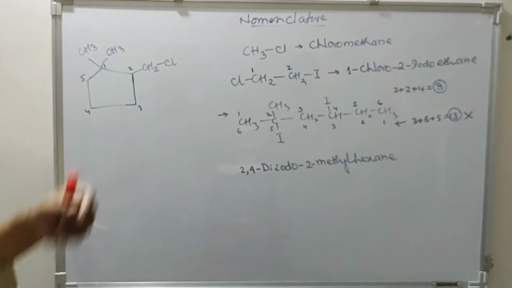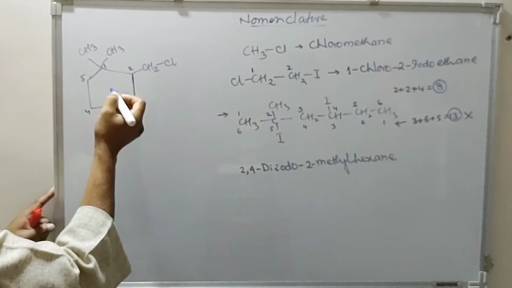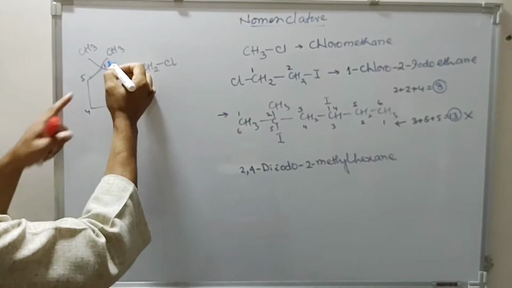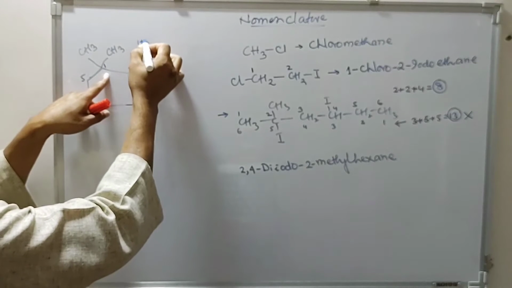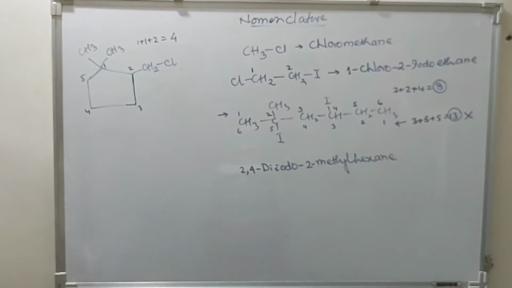If I take this numbering, the sum of substituent locations is 1 plus 1 plus 2, that is 4.